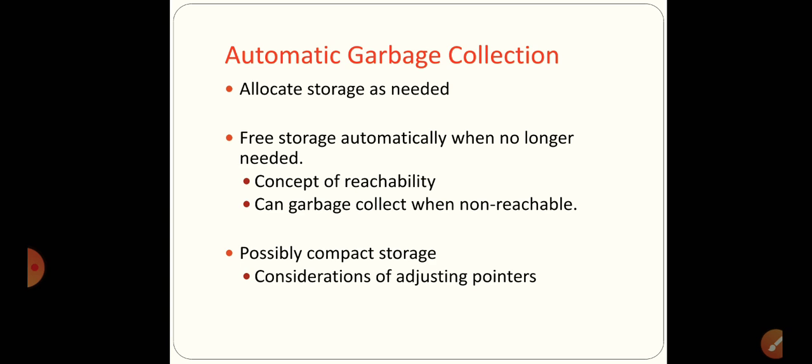Garbage collection has to be done at periodic time intervals, which will free your storage automatically when it is no longer needed. When the memory is free, the next program requiring memory for execution will be allocated memory.